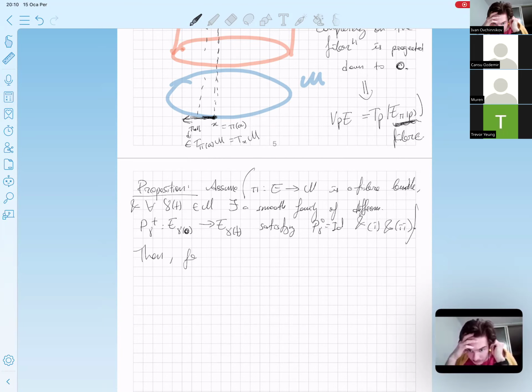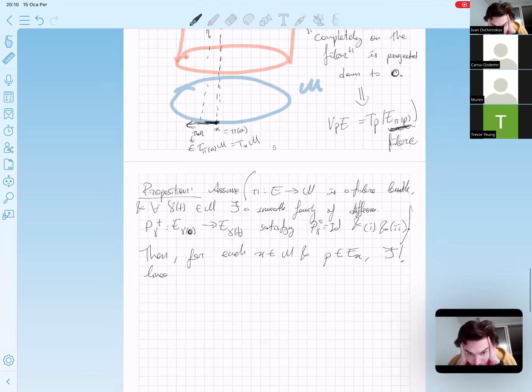Then, for each x in M and P in the fiber over x, there uniquely exists a linear injection hor P, where hor is short for horizontal, but we don't know that yet. That's just a coincidence, and we use the same name.